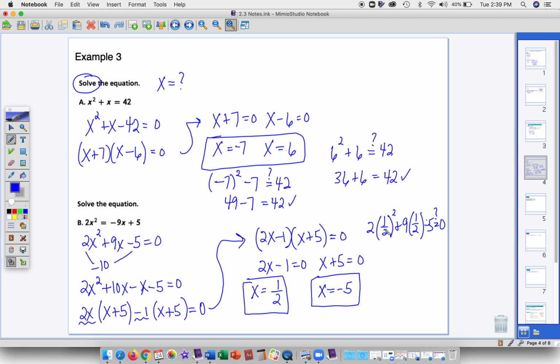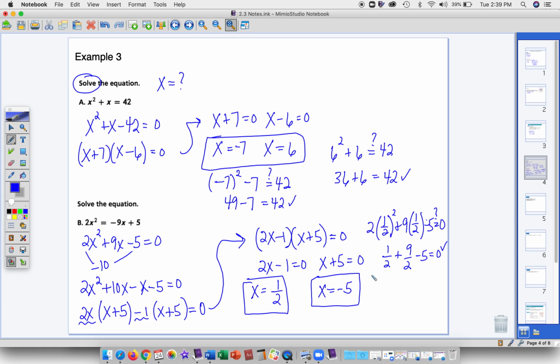A half squared is a quarter, times 2 is 2/4 or a half. 9 times a half is 9 halves. 1/2 plus 9 halves, that's 10 halves. 10 over 2 is 5, minus 5 does equal 0.